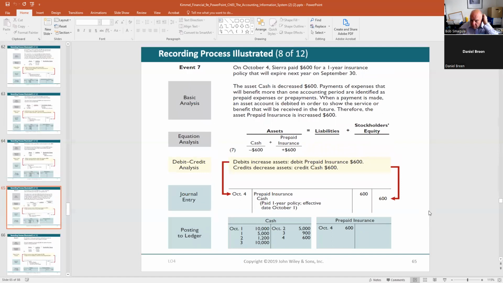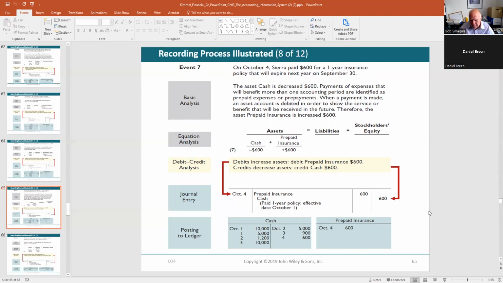We bought an insurance policy for $600. By definition, when you buy an insurance policy, it is an asset because it's the future that you get the benefit of it. You don't get in an automobile accident and then buy insurance and they're going to cover you. It doesn't work that way.